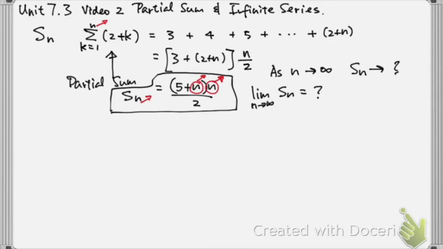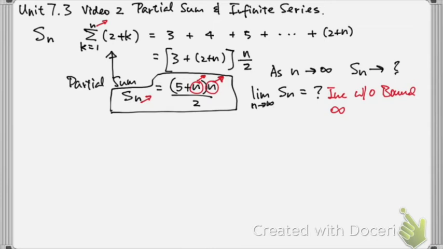No, it just keeps increasing and increasing, right? So this is going to be increasing without bound, or you may say it just approaches infinity. So in this case, our intuition was correct. An infinite series comprised of an infinite number of terms, if you just add them together, you just go to infinity.